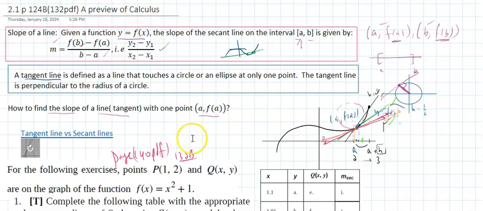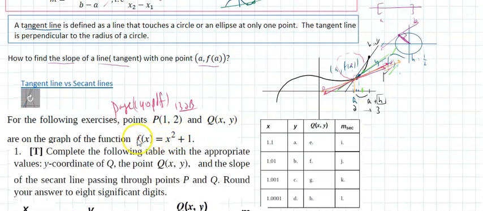Now our first example is going to be y equals x squared plus 1. This is in the book, page 132, if you have the physical book. On the PDF, it's page 140. This is section 2.1. They give this function, y equals x squared plus 1.